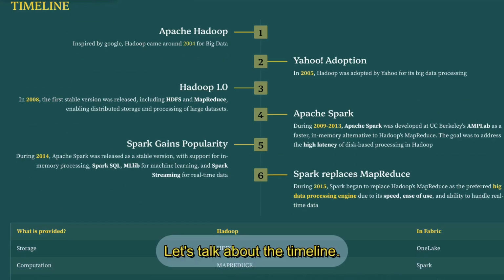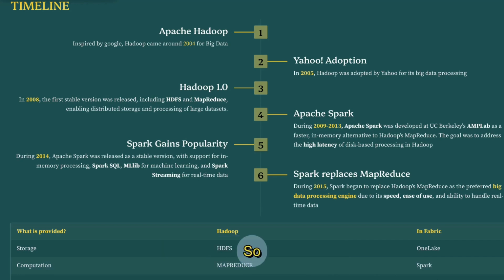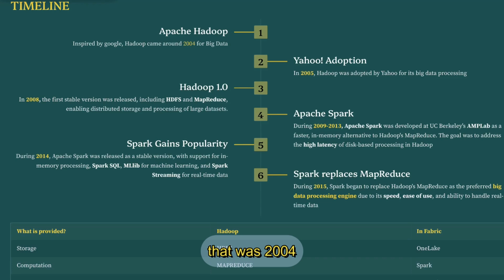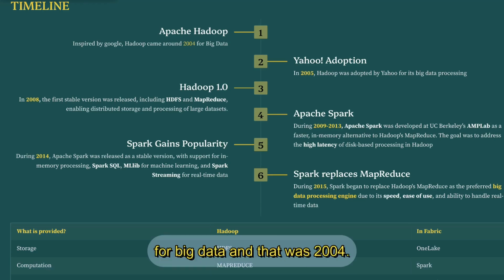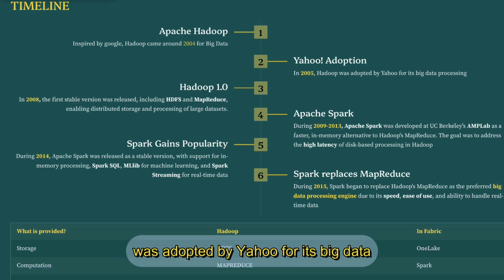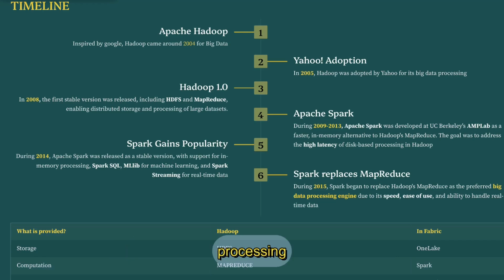Now let's talk about the timeline. It all started with Apache Hadoop. That was 2004. Inspired by Google, Hadoop became so popular for big data. After that, there was an adoption from Yahoo in 2005. So Hadoop was adopted by Yahoo for its big data processing.